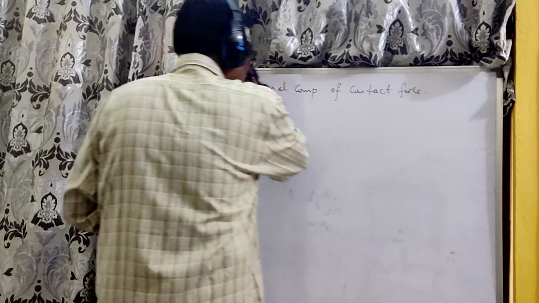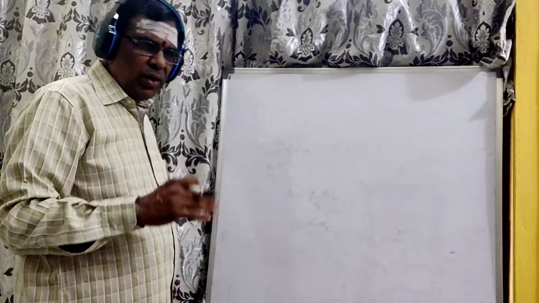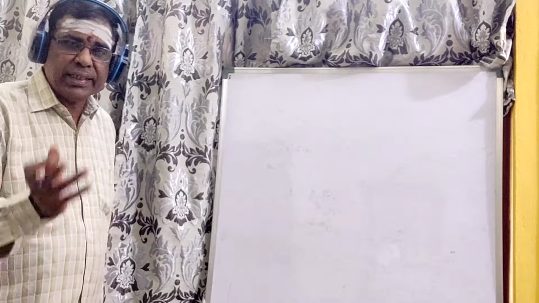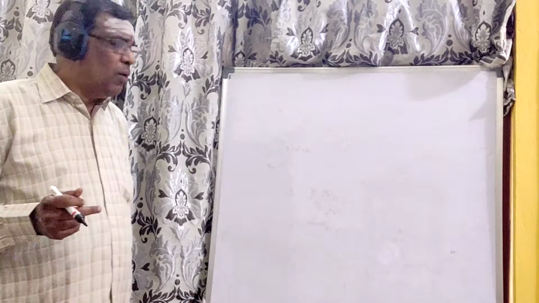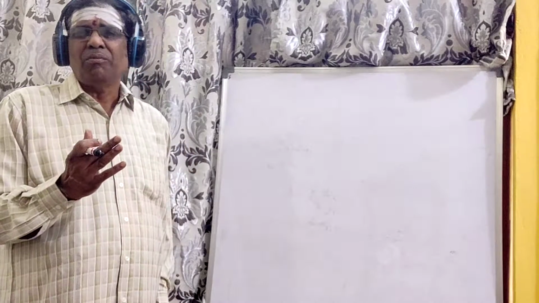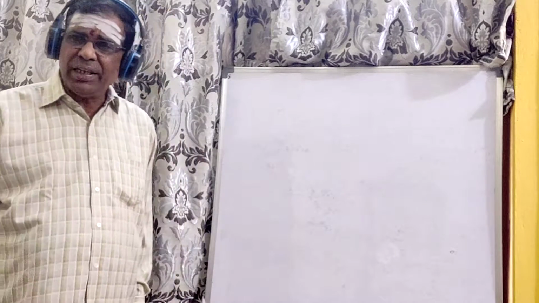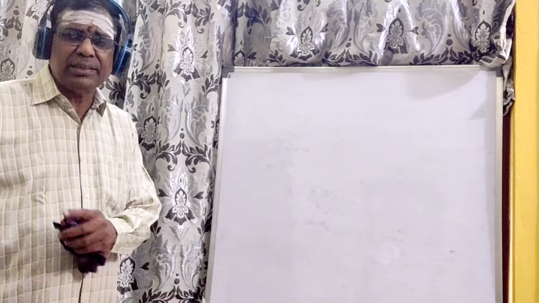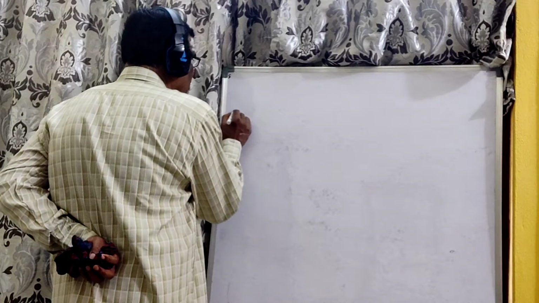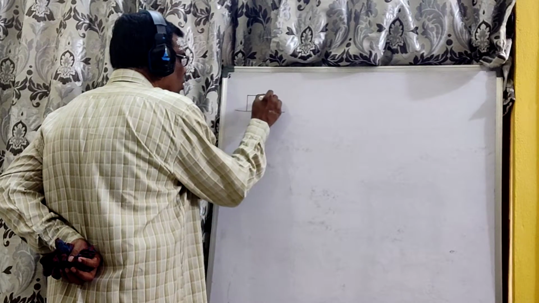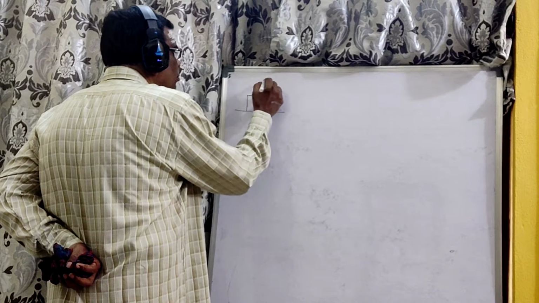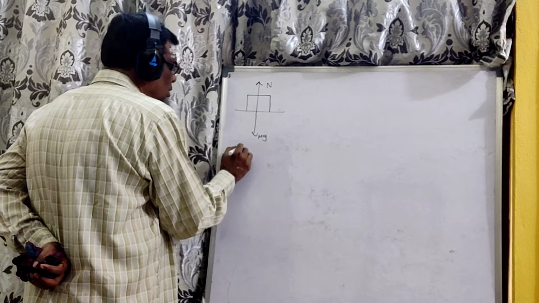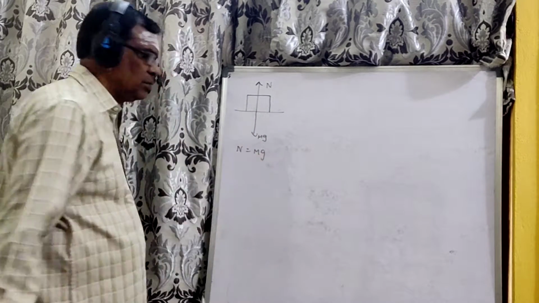Now, with this, let me take examples one after the other. In the process, I keep on applying Newton's second law, and I'll show you in how many ways this normal force expression differs. So, never be under wrong impressions that N is such and such a value, etc. Let us start with the most simple case of all. This is N, this is mg, N is equal to mg.